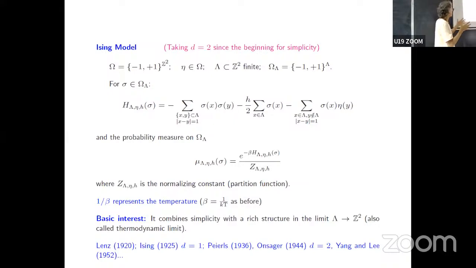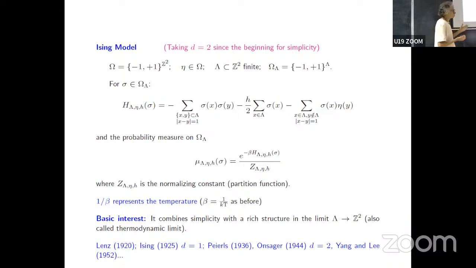So this is the finite volume Gibbs measure. And one wants to study this process because this is a simple model for magnetization. So that's the importance of this model.